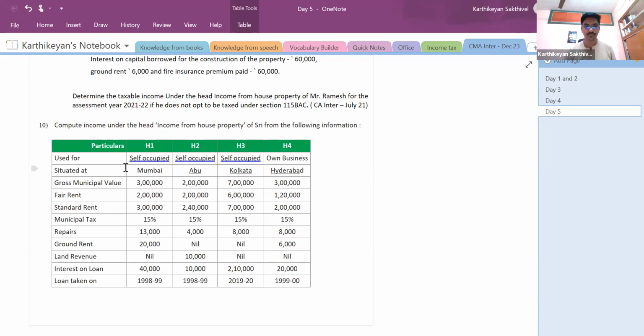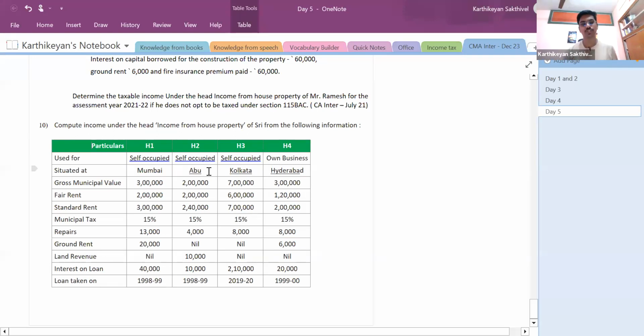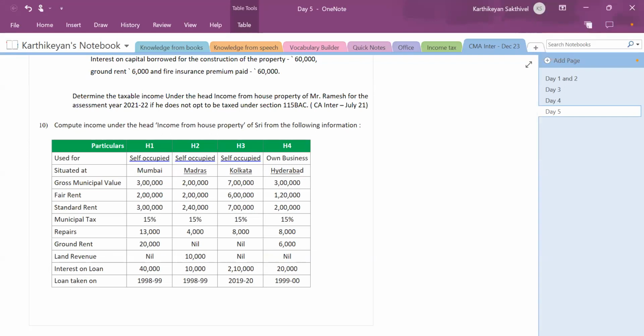Sir, read the question. Compute income under the head income from house property of C from the following information. Used for self-occupied, owner business, situated at Mumbai, Pune. Gross municipal value: 3 lakh, 2 lakh, 7 lakh, 3 lakh. Fair rent: 2 lakh, 2 lakh, 6 lakh, 1 lakh 20,000.